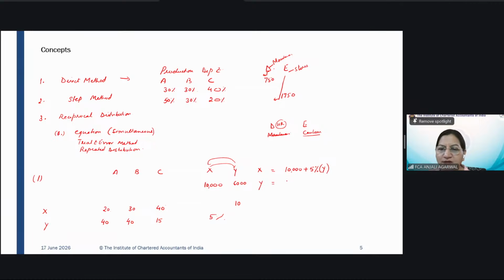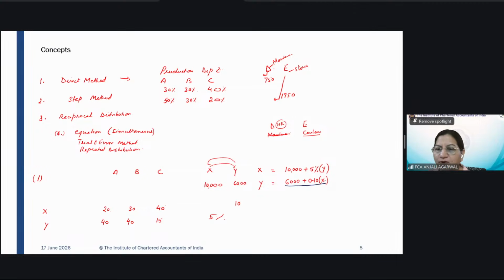Y is 6,000 plus 10% of X. I can write 10% as 0.10 X. So I have formed two equations: X is 10,000 plus 0.05 Y, and Y is 6,000 plus 0.10 X.